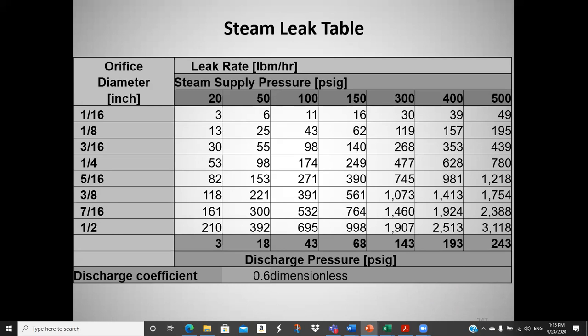Because that's the only way that they can test these things. You can go find a cracked fitting or valve and take it in a lab and test it and get a flow rate, but then what do you quantify that to? Oh, it's a 2-inch valve and the gasket's half gone.